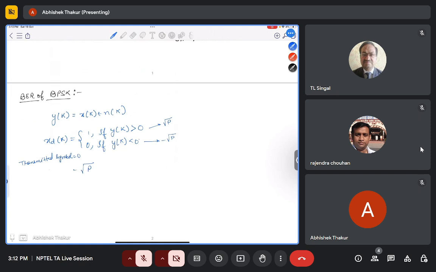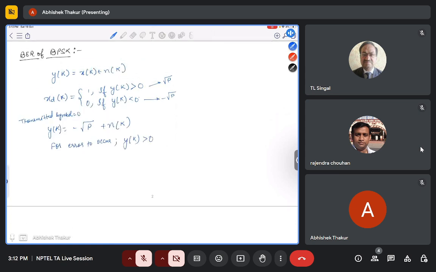Then Yk is equal to minus root P plus N. So for error to occur, Yk will be greater than 0. Then only it will say that the symbol received is 1, but actually the symbol transmitted is 0. So in this case, minus root P plus Nk should be greater than 0.